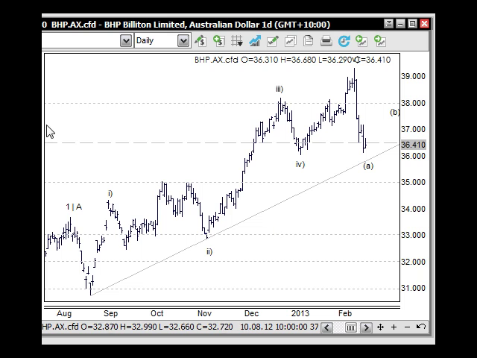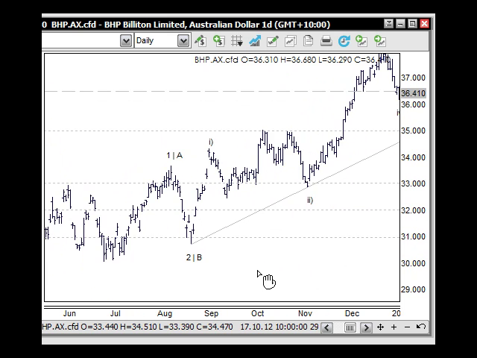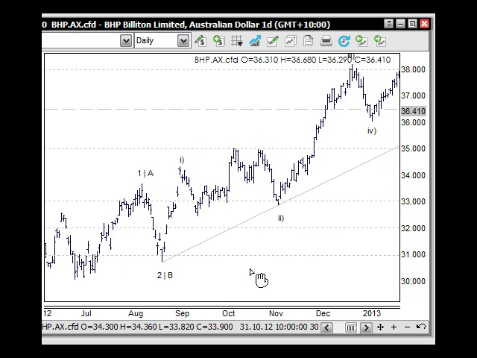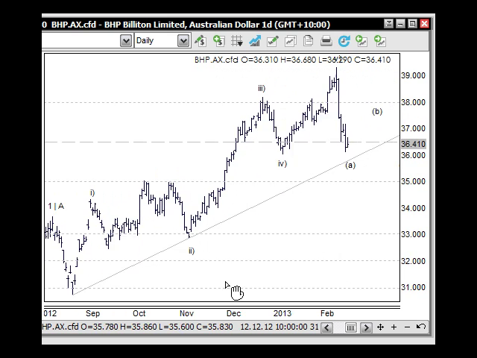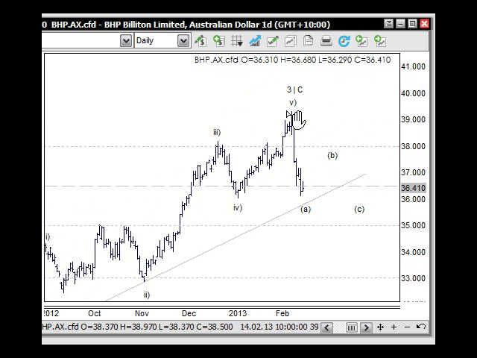So when we're looking at this, this is local BHP here in Australia. There's a couple of situations here. As you know, we're counting this up in two ways: in terms of a 5-wave structure and also an ABC structure. So the impulse wave, the 5-wave structure, will be wave 1, wave 2 here, and then we've got our 5-wave structure for the third wave here.